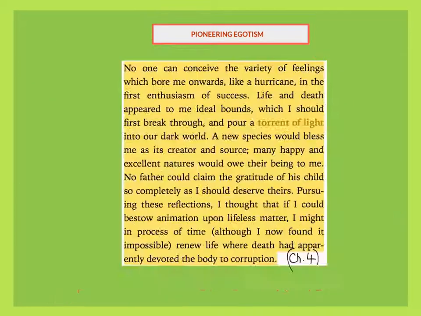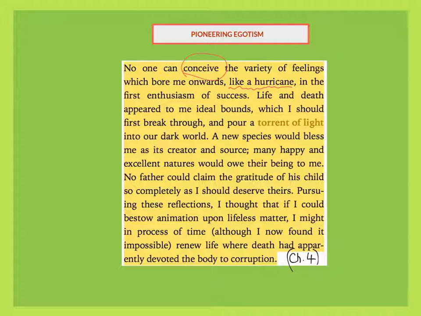Moving on. And finally, on pioneering egotism, this really important quote from chapter 4 from Victor. No one can conceive, there it is again, the variety of feelings which bore me onwards, like a hurricane, in the first enthusiasm of success. So, as we've already started to raise, here's a man trying to create life through scientific, non-natural means.